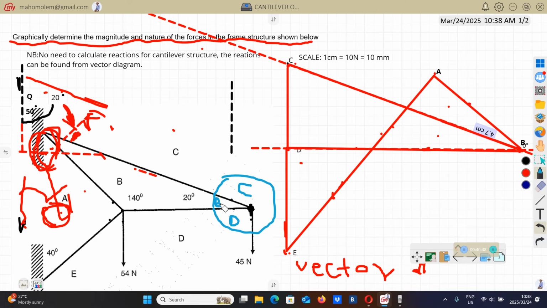So you can start at any point here. You can move from B to C, or from C to B, or from D to B. So wherever you start, make sure that you move clockwise.